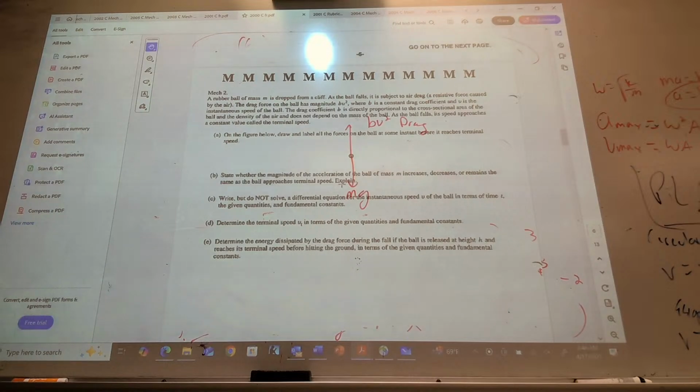Once you write your sigma Fy, it's the same thing that they asked before about the differential equation. You're doing the same exact thing you did last time.